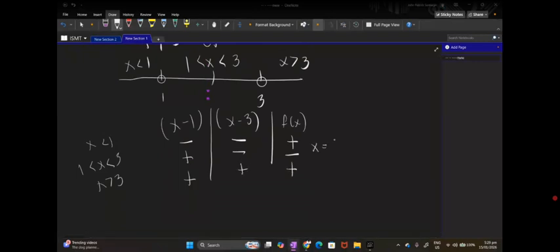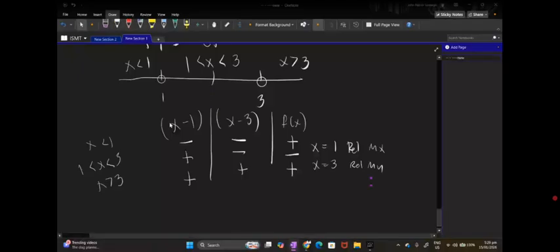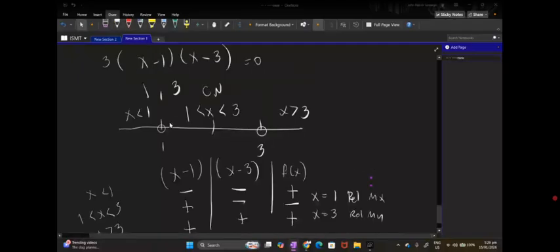So, it's increasing, then decreasing at x is equal to 1. So, x is equal to 1 is our relative maximum. And our x is equal to 3 is our relative minimum. So, let's double check it. To double check it, we can use the second derivative test.